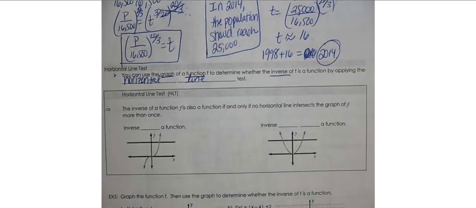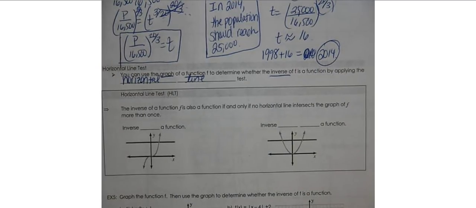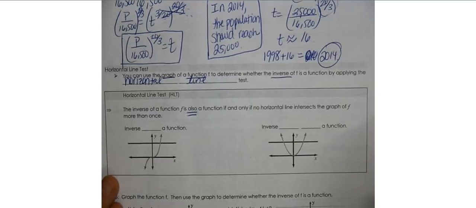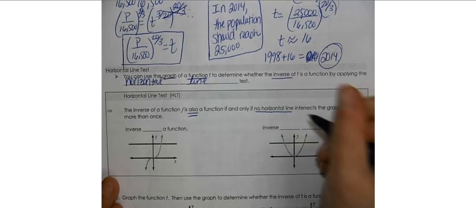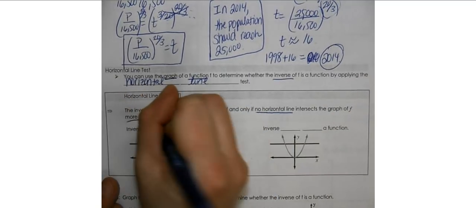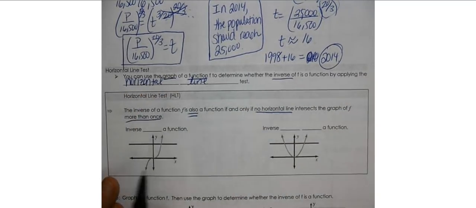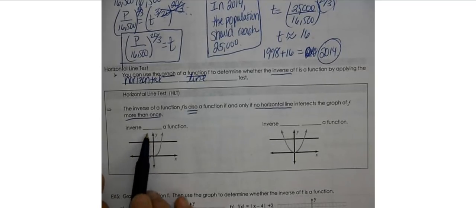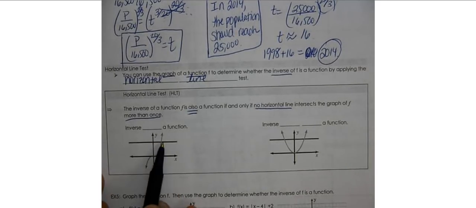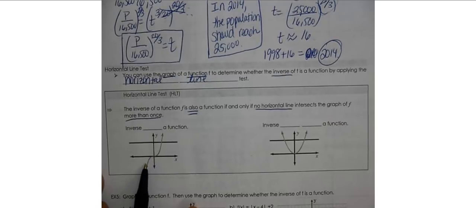What the horizontal line test says is that the inverse of a function is also a function if and only if no horizontal line intersects the graph more than once. So in this case, I can take this horizontal line and raise it up and down, and it will only cross at one point at a time on this function.